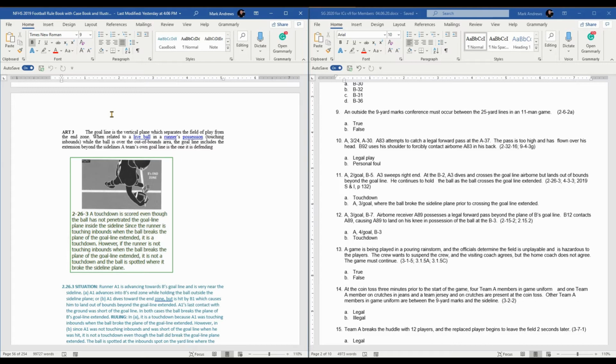And the waterfall starts right at that front edge of the goal line. If the ball gets wet, it's a touchdown. Okay? Doesn't matter. If the ball gets wet before the runner's down, it's a touchdown. Doesn't matter if it's pushed back, whatever.